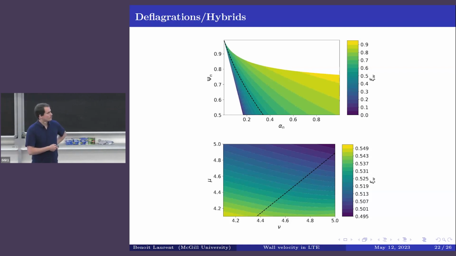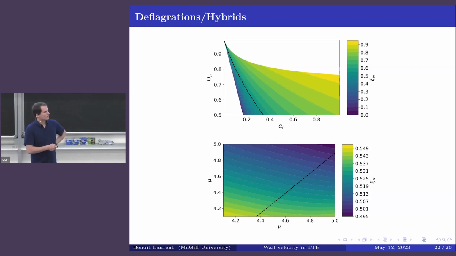And another interesting fact here is that even if we're not in local thermal equilibrium, we would still expect to find a hybrid solution here, simply because, like I said before, LTE gives us an upper bound on the wall velocity. So if you include deviation from equilibrium, the wall velocity in this region will just be smaller. And again, it will still be a hybrid or a deflagration solution.